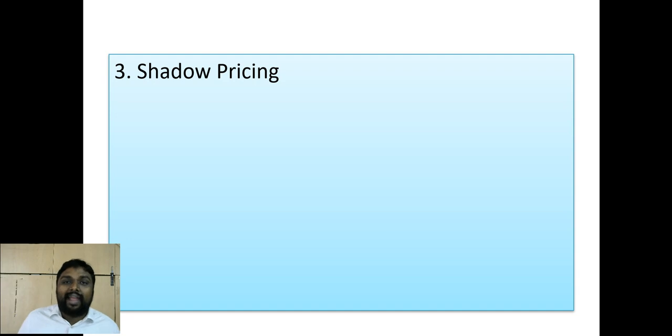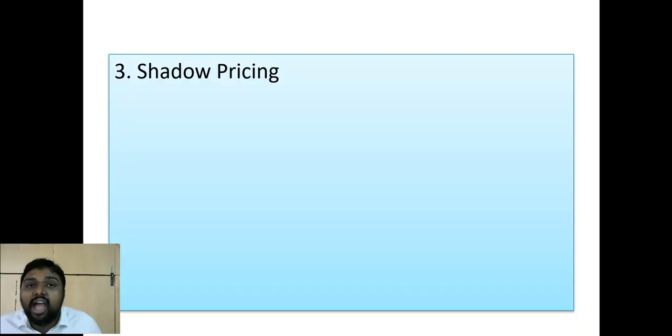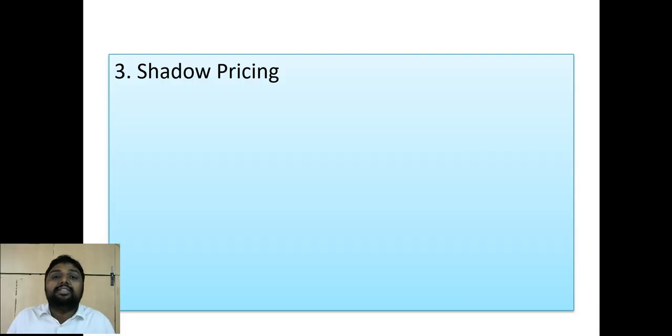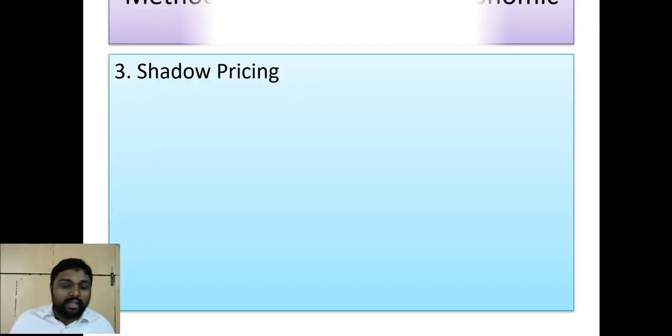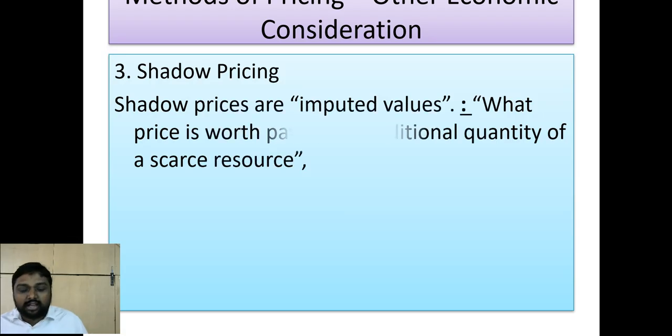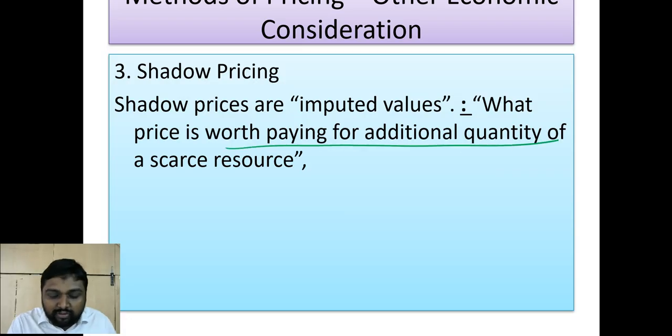Now there is no milk packet in any showroom, no one has milk. So the seller will think, we will charge a high price. This is called shadow pricing, because the item is getting scarce. On the basis of scarcity, we are making the pricing. This is the price worth for additional quantity of a scarce resource.